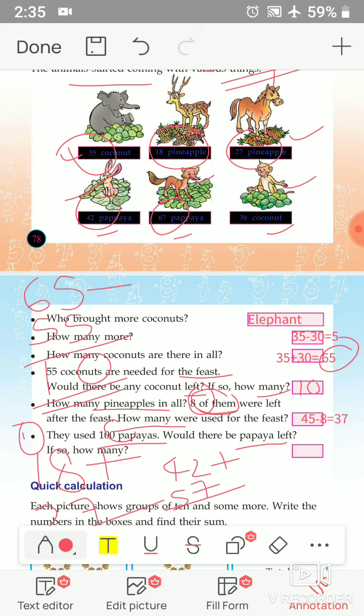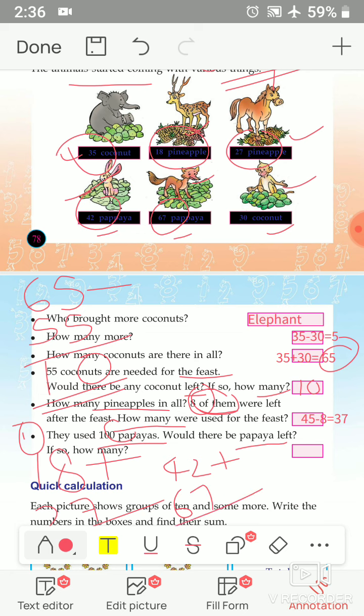Sorry, the number is wrong. 42 plus 67. Sorry, the fox collected 67, not 57. So you have to write 67.